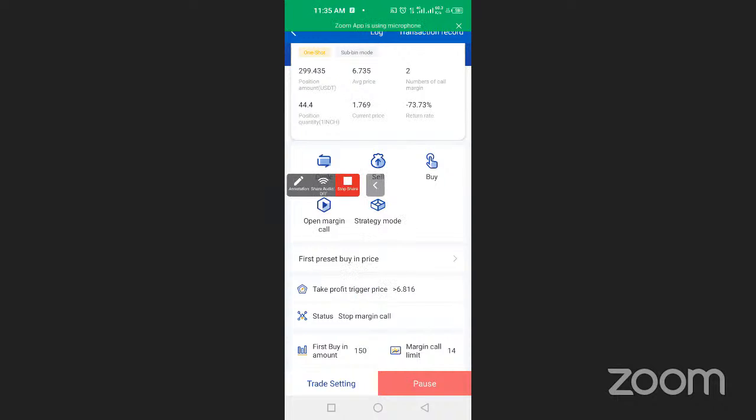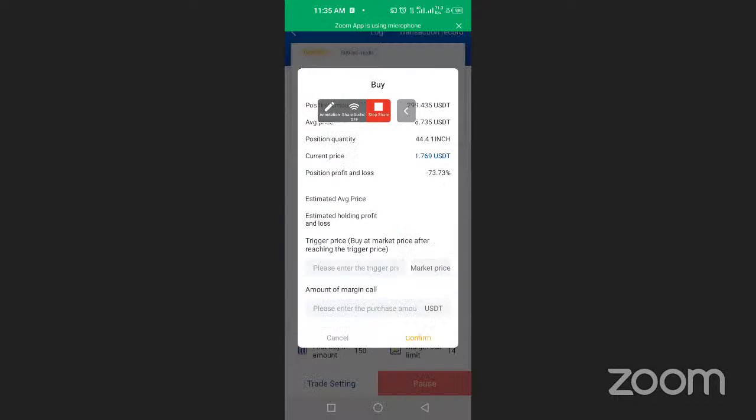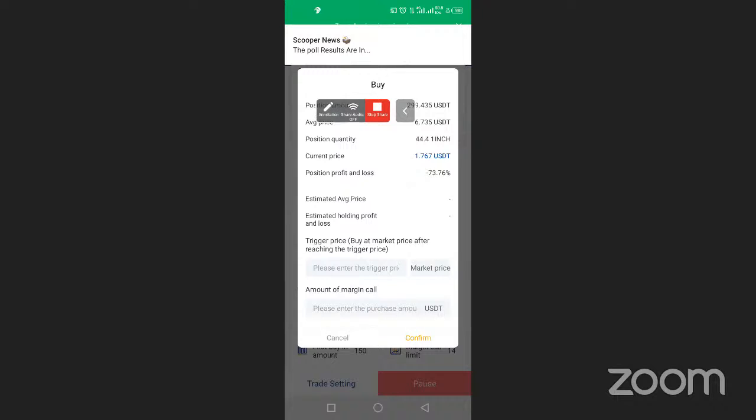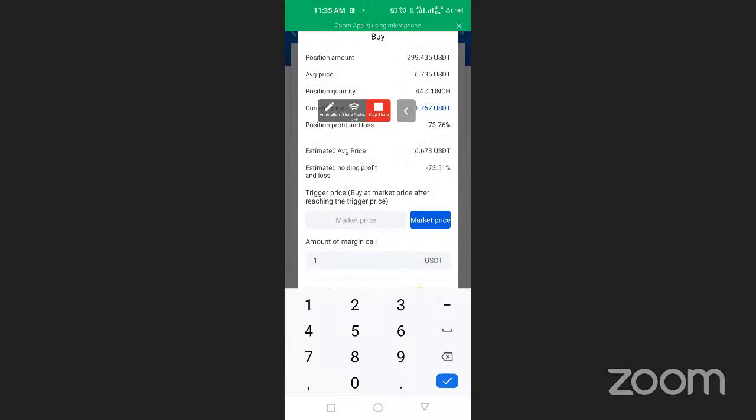And even the replenishing is not instant, because when we talk of replenishing, that is putting more money so that the percentage can come down. For example, now I want to buy this coin. You see, it is already in negative of minus 70%. So how much do you think I can bring into this market that will maybe bring this to like 10%? And I say, okay, let me put in like $1,000. I reduce it to 16.